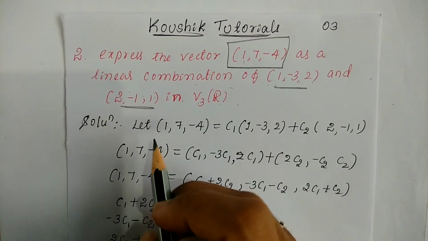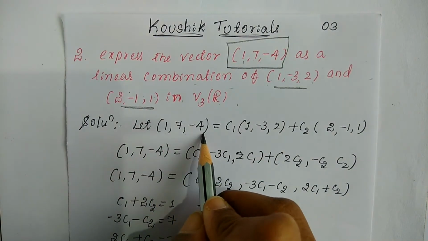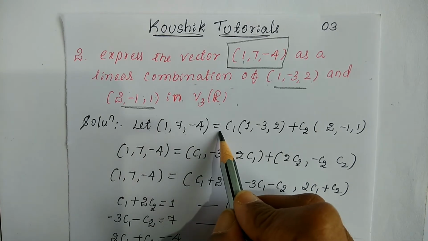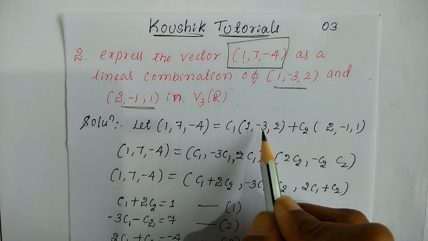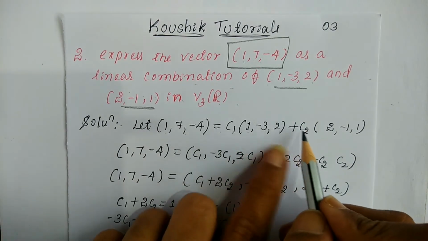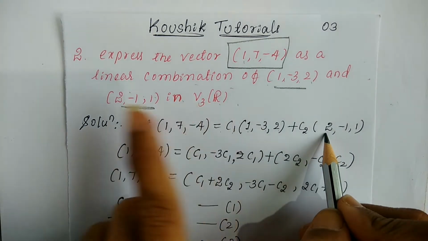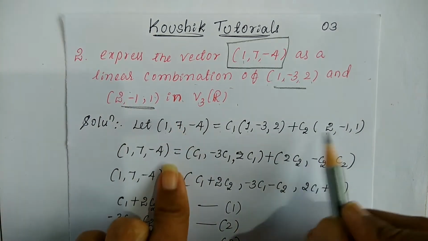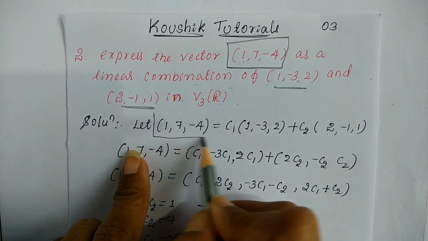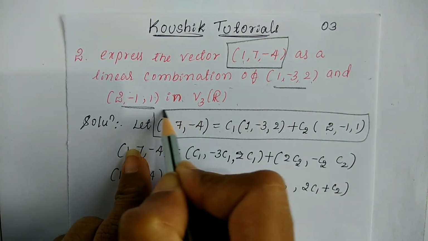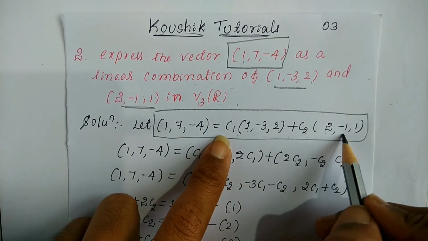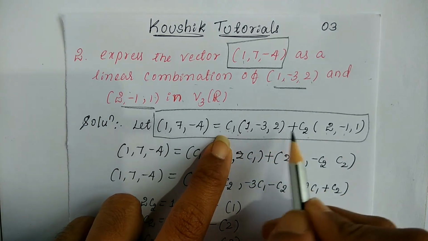So let (1, 7, minus 4) be written as C1 into (1, minus 3, 2) plus C2 into (2, minus 1, 1). Okay. So here I am taking the given vector as a linear combination of the vectors. We don't know C1, we don't know C2.